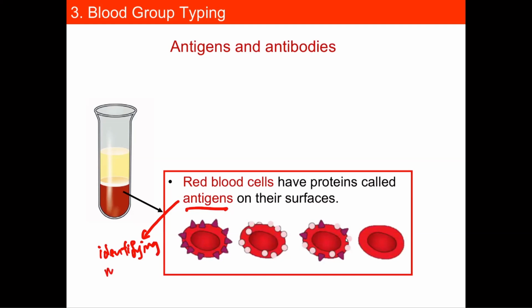Why do we call them identifying markers? Because from the type of protein being expressed on the surface of these red blood cells, we can identify what blood group they are. As you can see from these four different red blood cells, all of them have different surface markers, and even one of them has no surface markers.